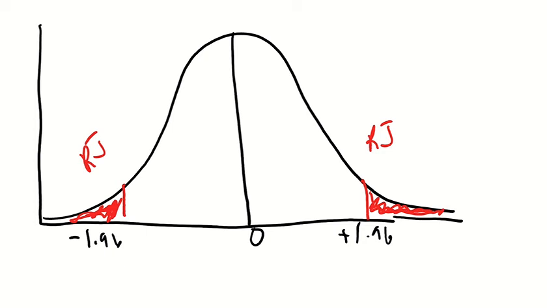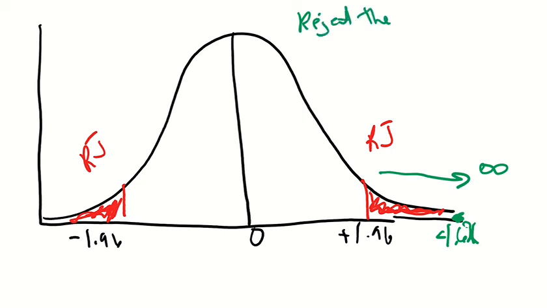Our z obtained is way over here at 4.62. This is definitely in the rejection region, which goes on to infinity. So we know that we will reject the null hypothesis.